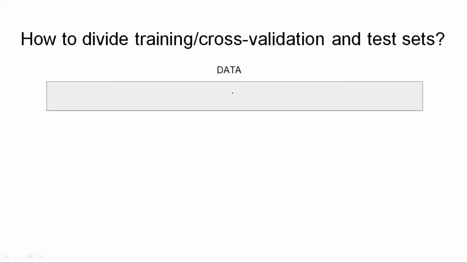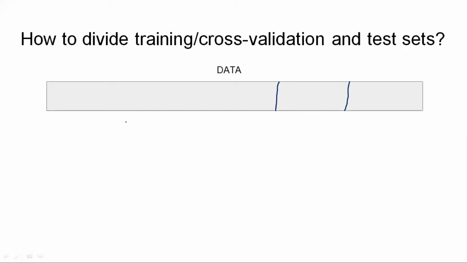While dividing this data set, we split it into three parts. Generally the training set is of much larger size than the development set and the test set. So let us take this as the size of the training set, this as the size of the cross validation set or development set, and this as the size of the test set.